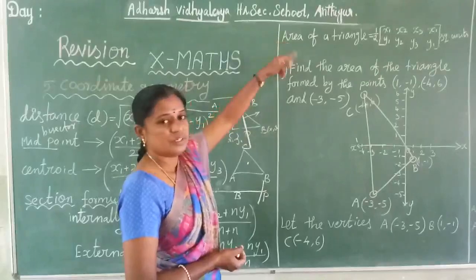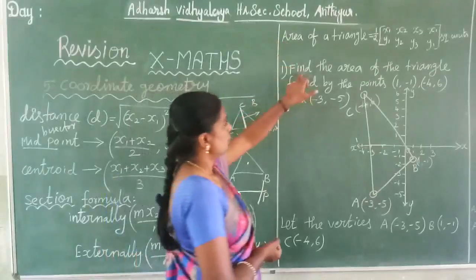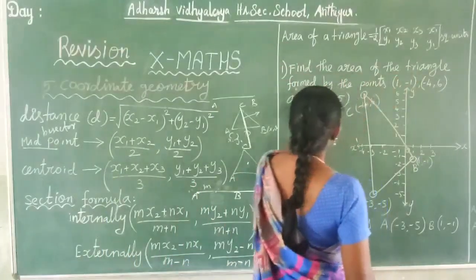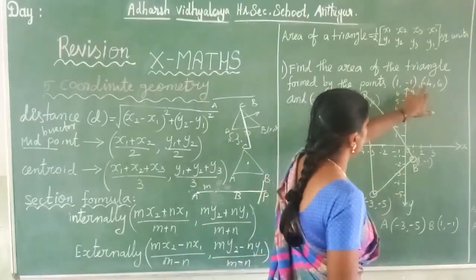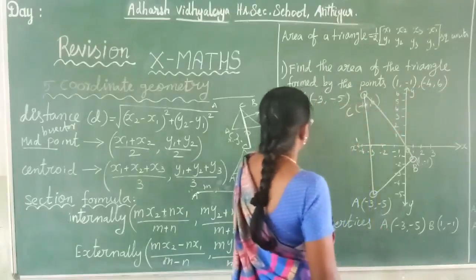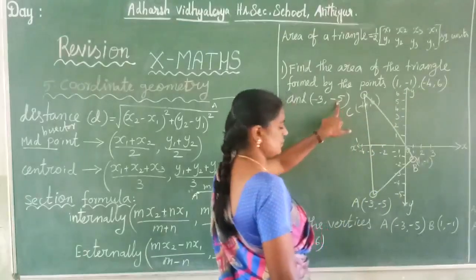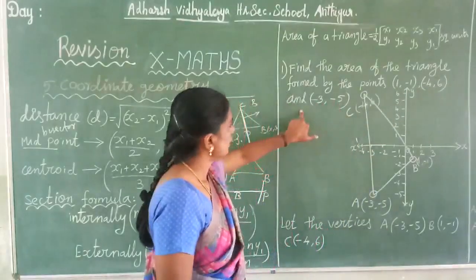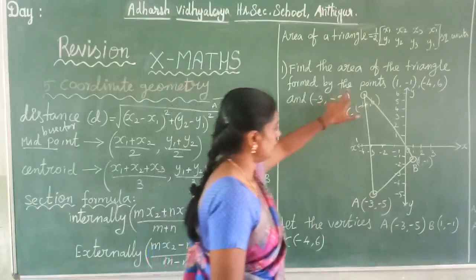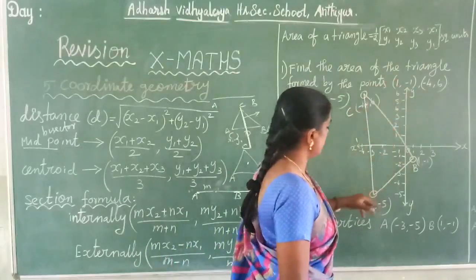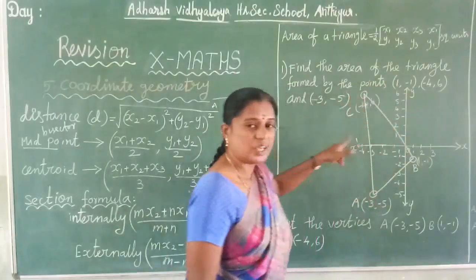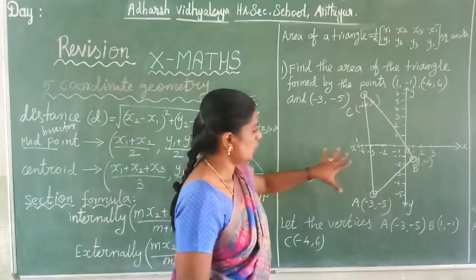Using this formula we see one problem. Find the area of the triangle formed by the points (1, minus 1), (minus 4, 6) and (minus 3, minus 5). Before finding the area, we draw the triangle diagram using the given points, a rough graph.